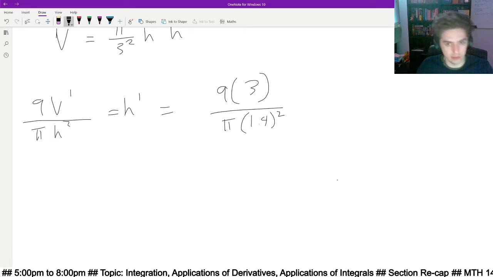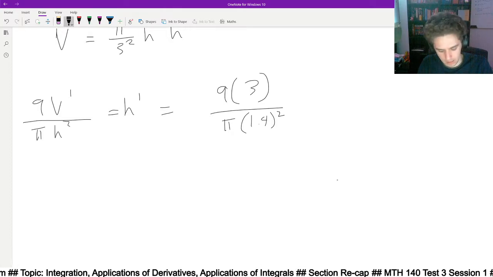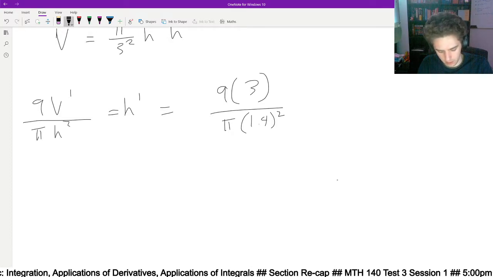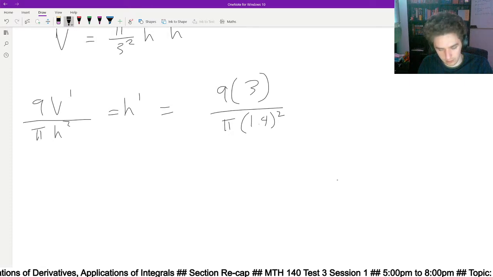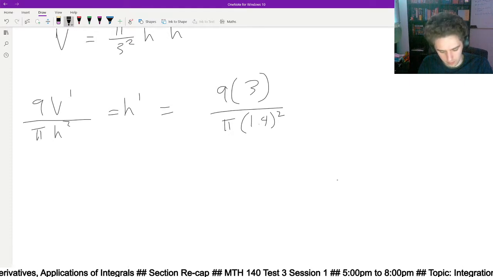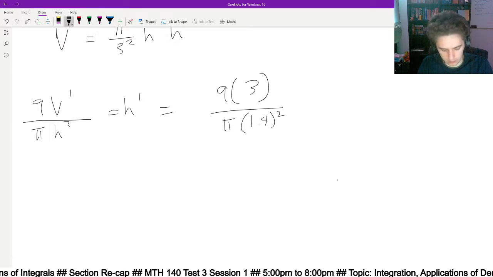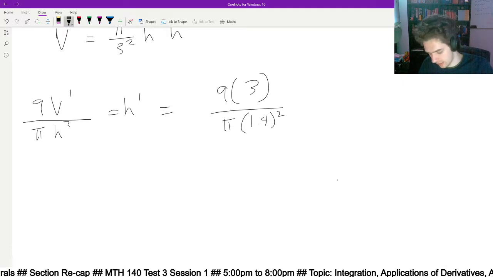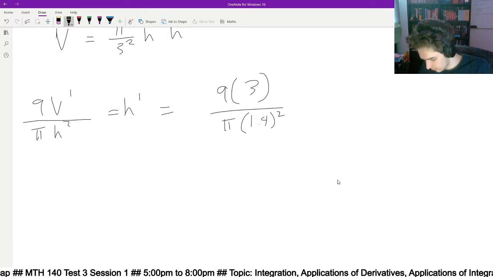And now I can just do this. It's just going to be 9 times 3. Why am I making it more complicated? Pi times 1.4 squared.